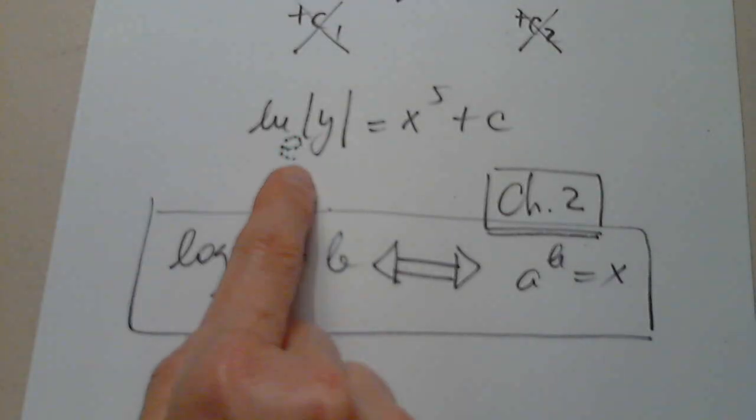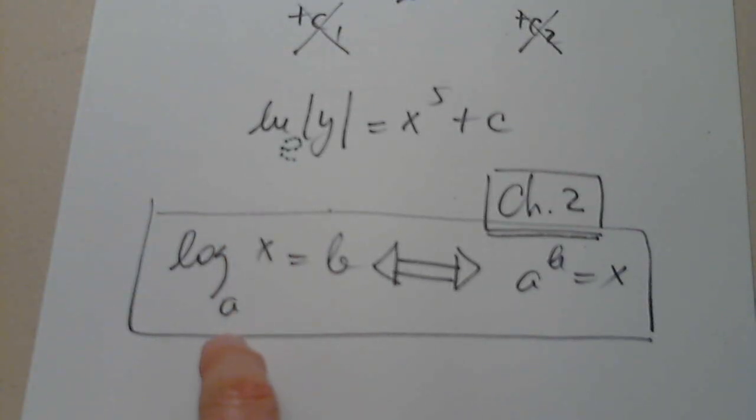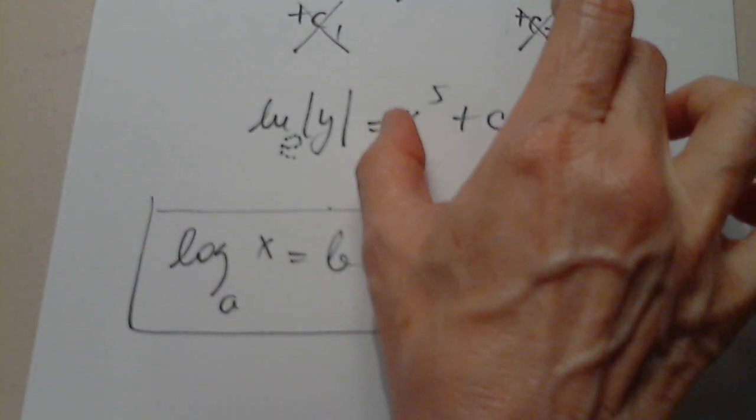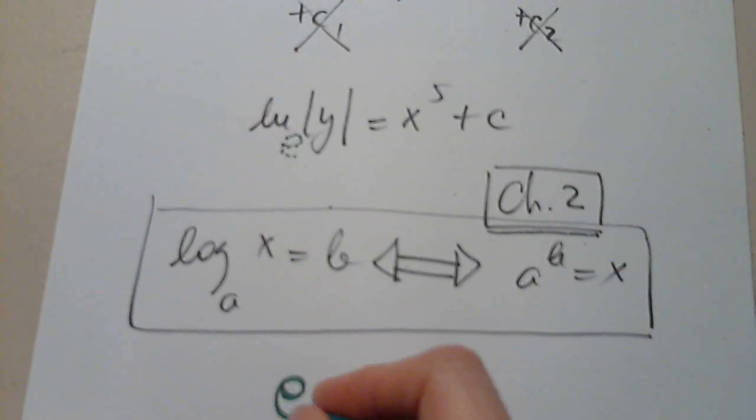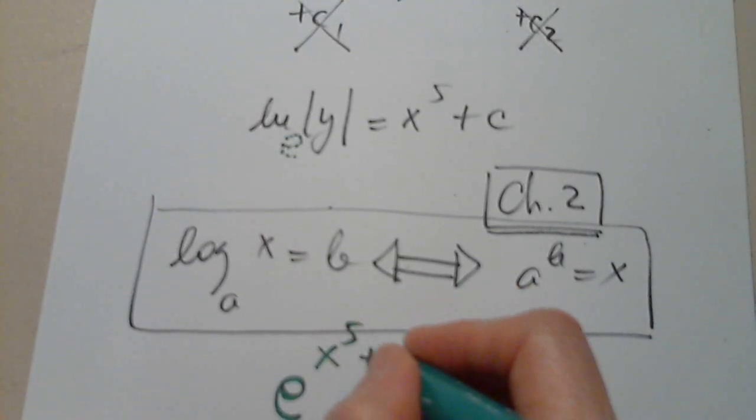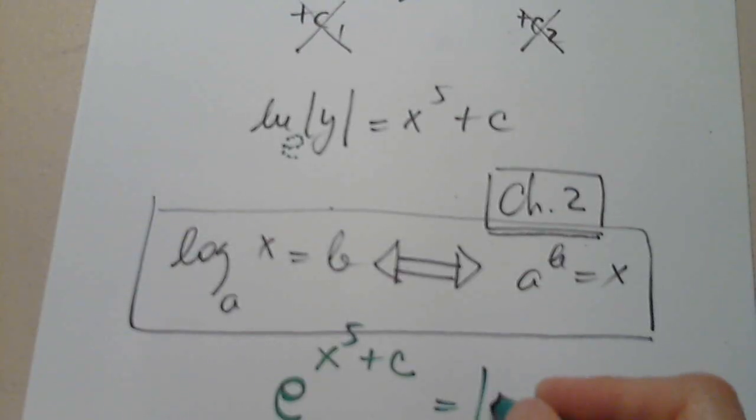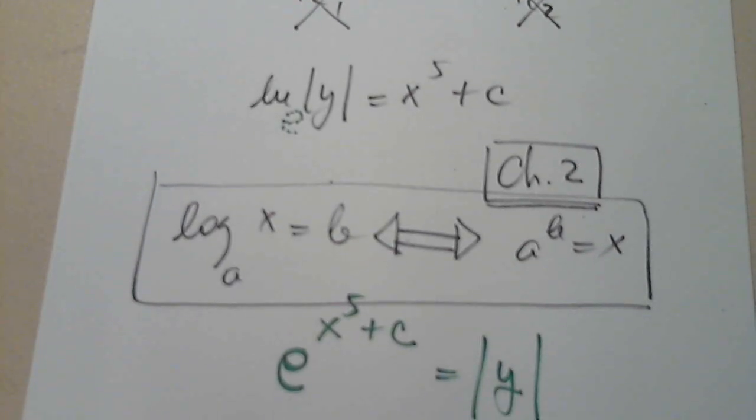So we have the base. So the base raised to this equals the absolute value of y. So e raised to x to the 5th plus a constant c equals the absolute value of y.